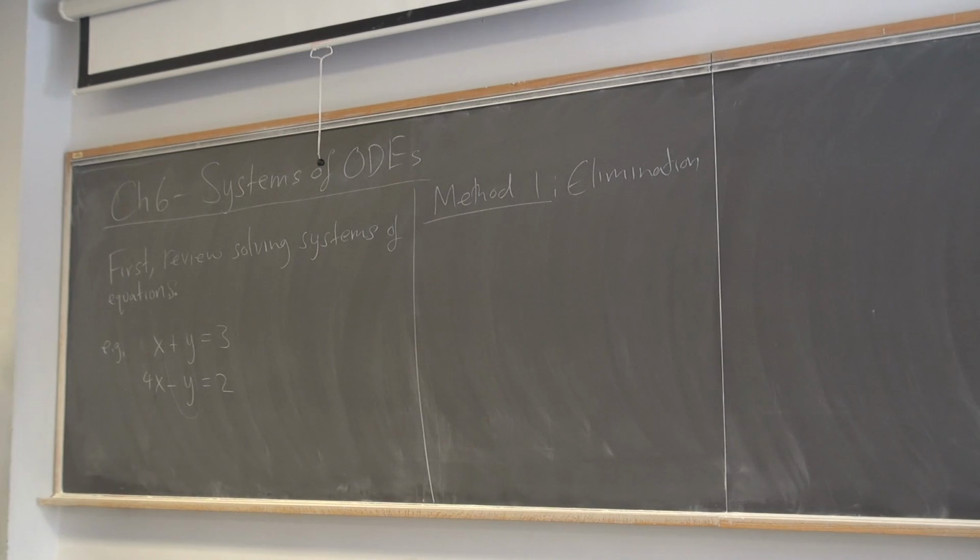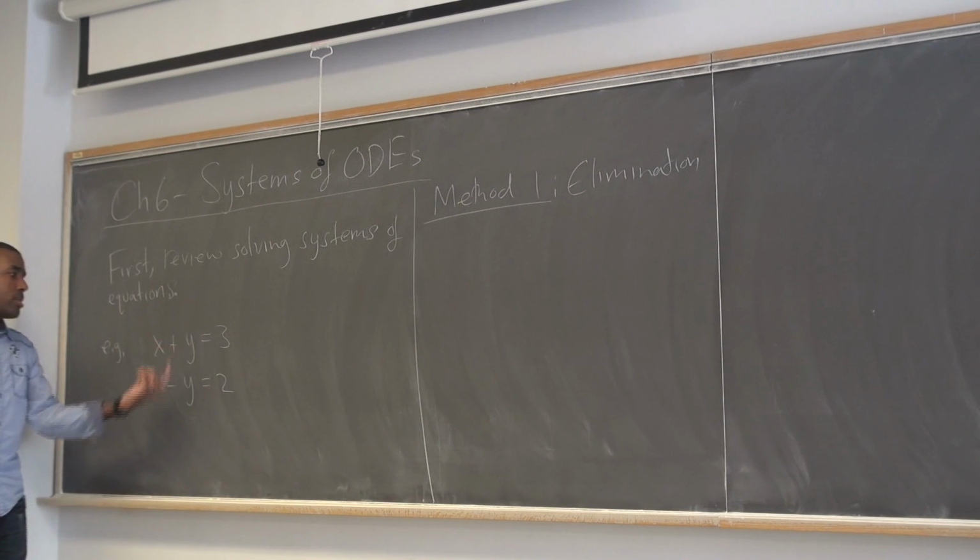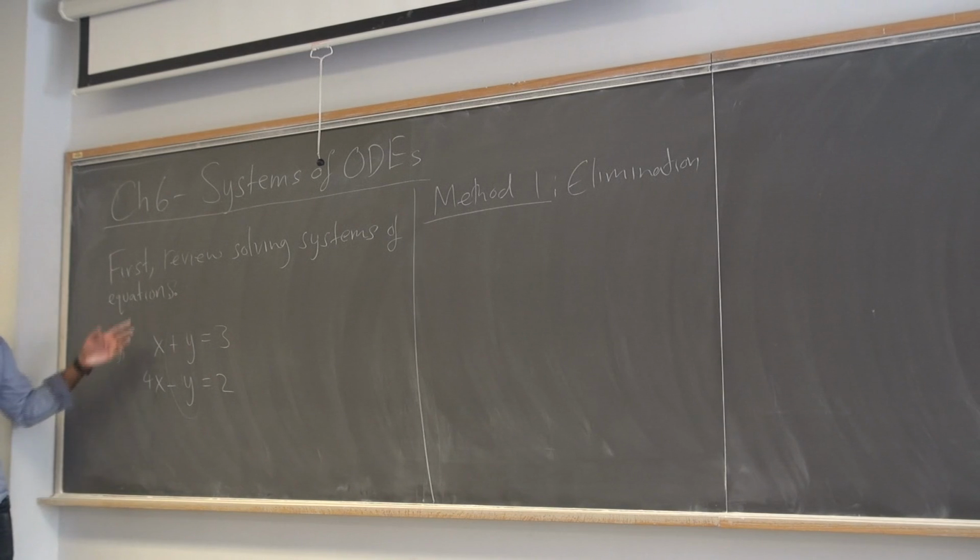The idea is, it's called elimination because you want to eliminate one of the variables. So what you do is you can add or subtract equations so that one of these variables dies. Now, the numbers would have to be opposite if you want to add them, right? So here I can add this equation to that equation, and the plus y will kill the minus y, right?